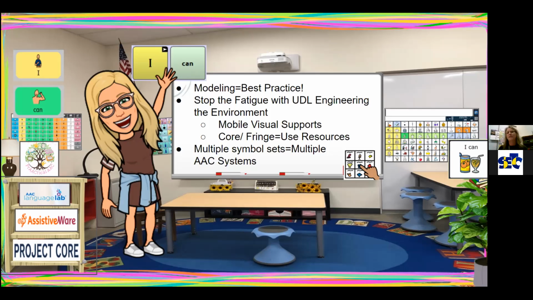Mobile visual supports, we have these all over the place. I have them on lanyards, we have them in pockets in the door. All of my paras have what we call the student's Bible, that they have everything that they need in there for visual supports, along with core boards, along with our core and fringe that we're working on for that month or that week.